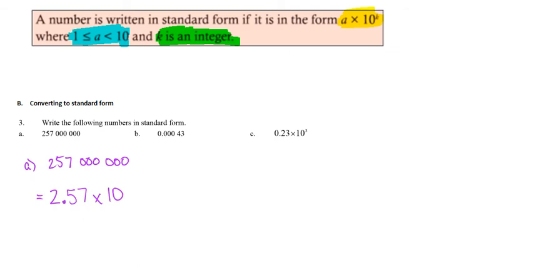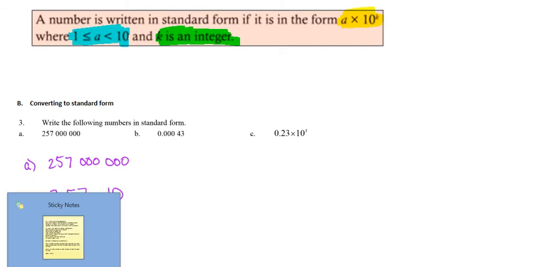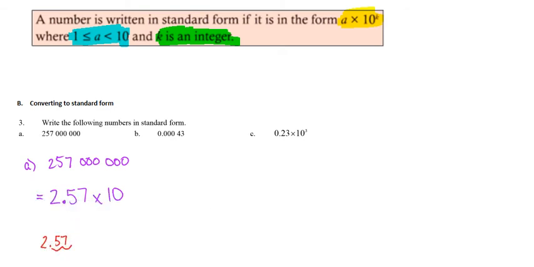I'll just show some rough work at the bottom. If I start with 2.57, how many places do I have to move to return to the original 257 million? I move 2 spaces to get around the 5 and the 7. And then I'd have to move 6 more places to account for the zeros: 1, 2, 3, 4, 5, 6.